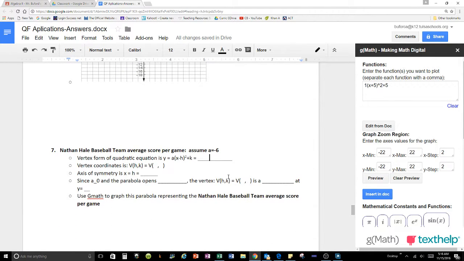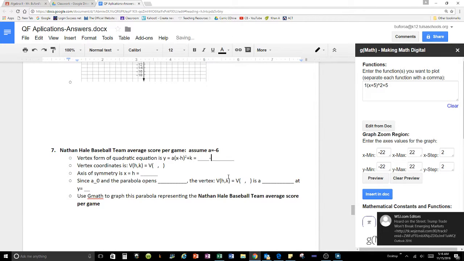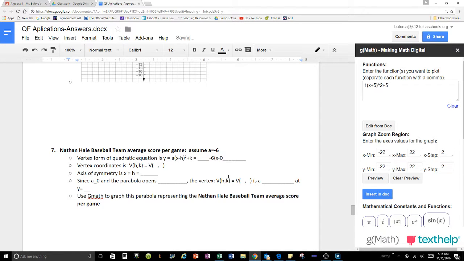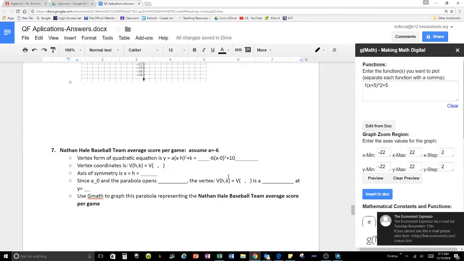A is equal to -6, that'll be x minus 0 because h is equal to 0, control period 2, control period plus k is equal to 10. Okay, and that's our formula.